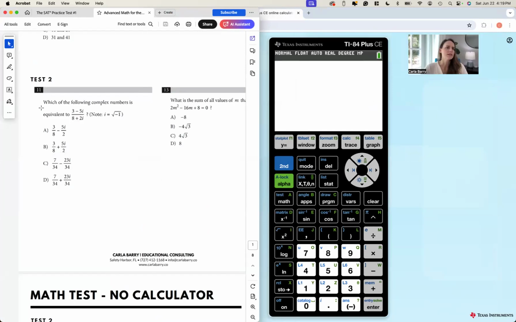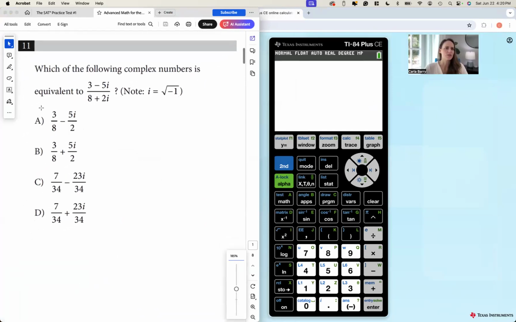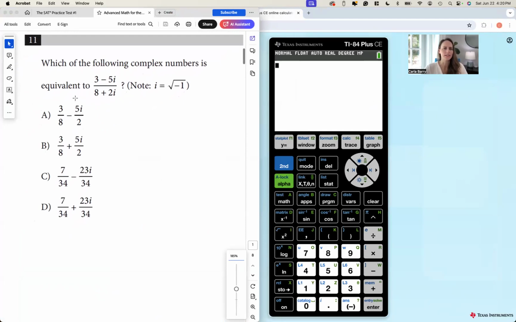Do you see this question right here? Which of the following complex numbers is equivalent to 3 minus 5i over 8 plus 2i? Without a calculator, you would have to multiply the numerator and the denominator by the conjugate, 8 minus 2i.